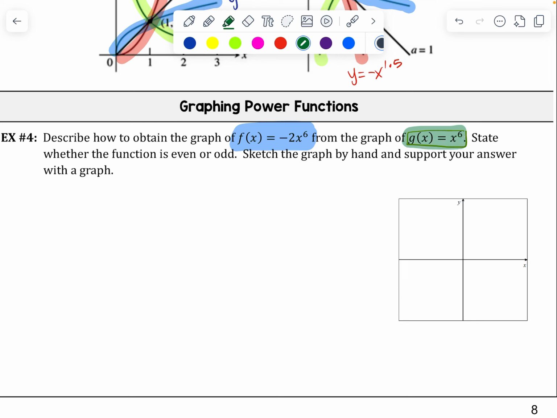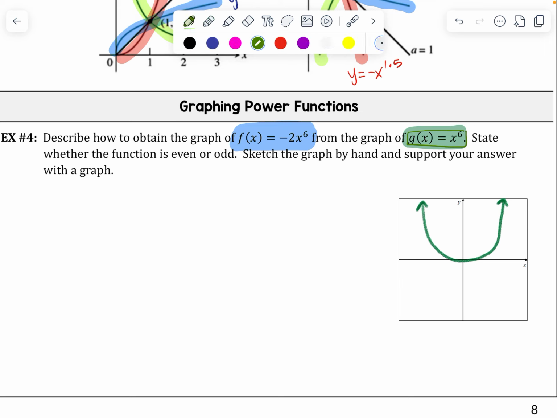State whether the function's even or odd, sketch the graph by hand, and support your answer with the graph. So number 1, let's go ahead and graph what that x to the 6 would look like. Now x to the 6 looks basically like a parabola, but it's got a wider base to it. So that's our x to the 6.